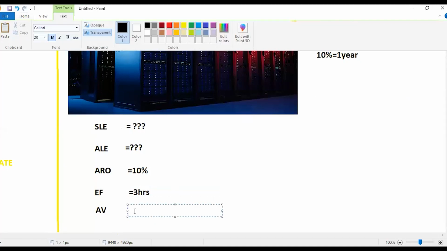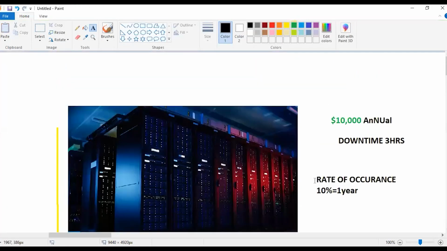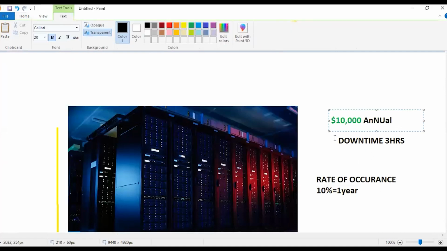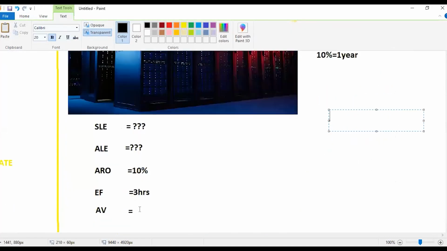Now the asset value. What is asset value? How much we are generating in a year? It is written here. We are generating $10,000 annually as revenue.